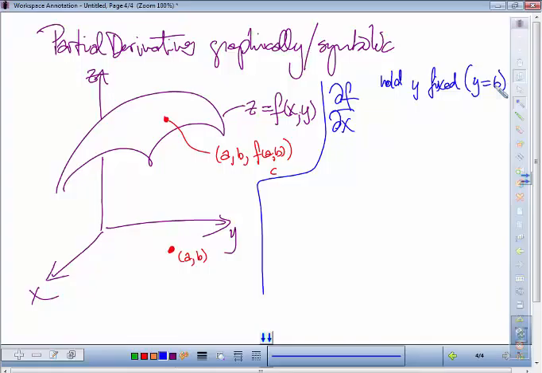Now my graphing program is kind of cool. If I just type y is equal to b, or an actual number, it's going to draw a graph for me. Y equals b is a graph of something. Do you know what that graph is? It's a plane. Tell me more about this plane.